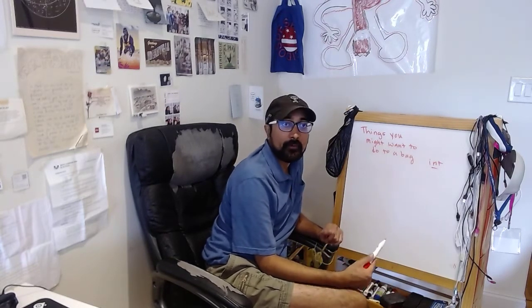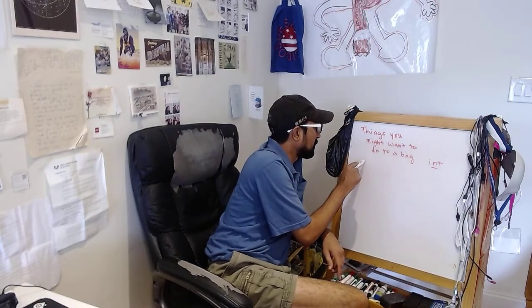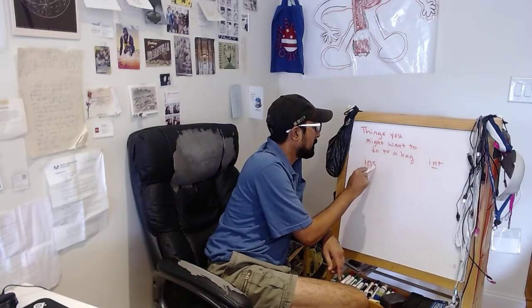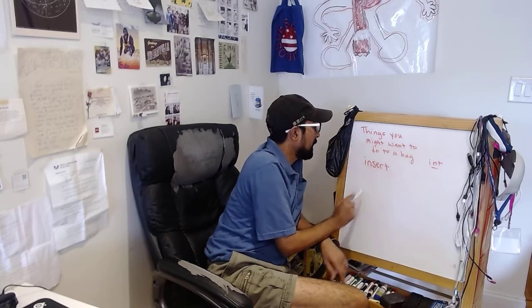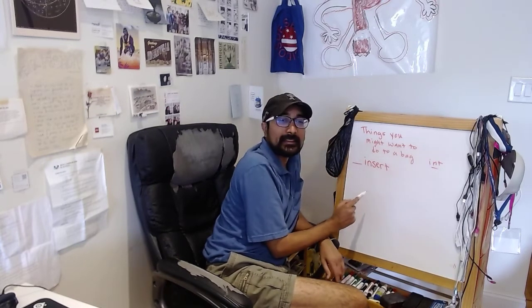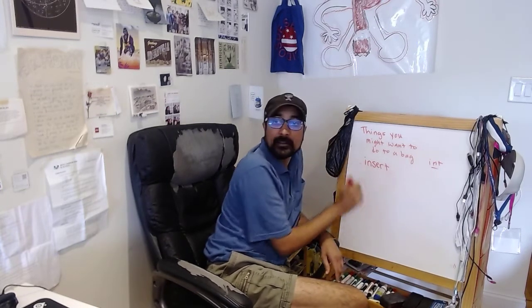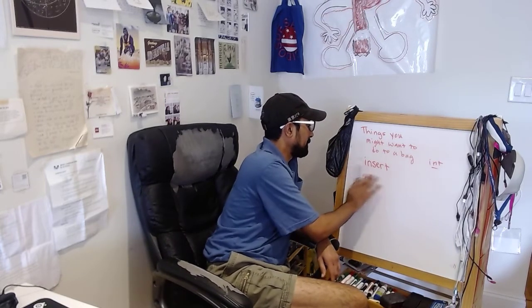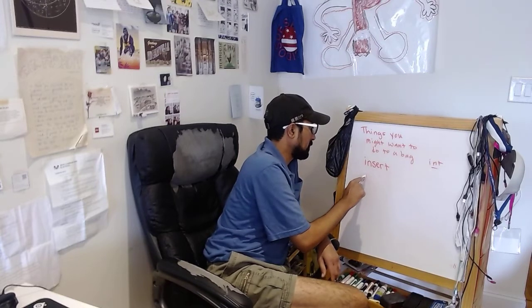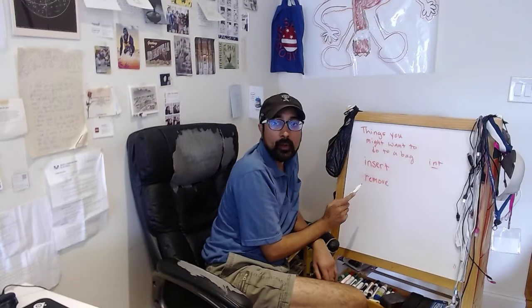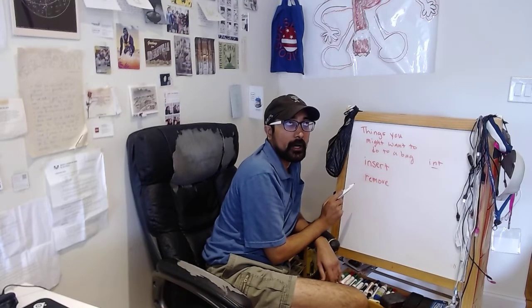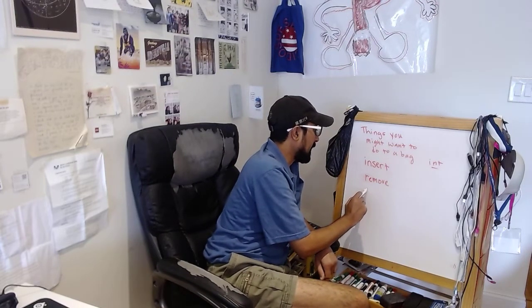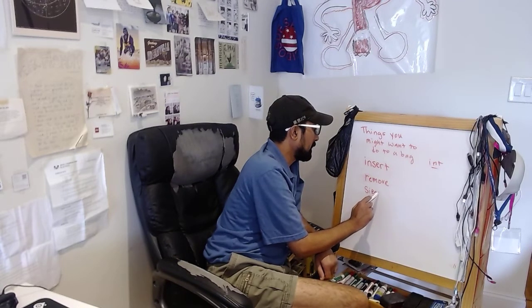So what are the things you might want to do to the bag? Well, you might want to insert into bag, okay? And the question is, well, we'll get there. We might want to remove from bag, insert, remove. Okay. We also might want to check the size of the bag.